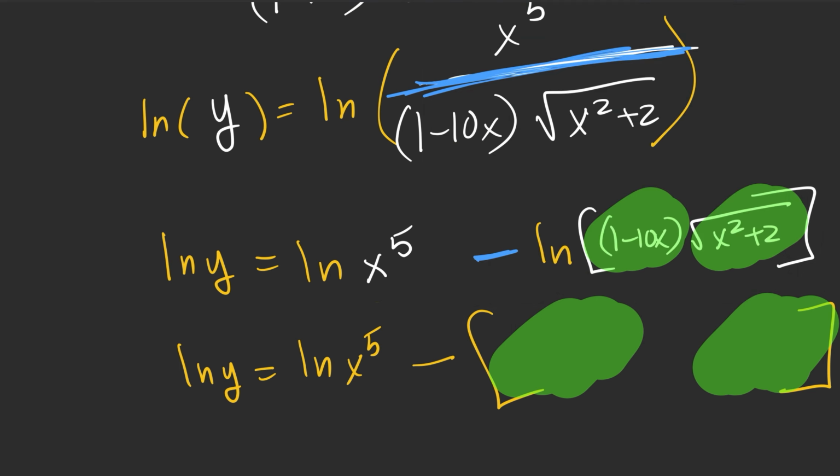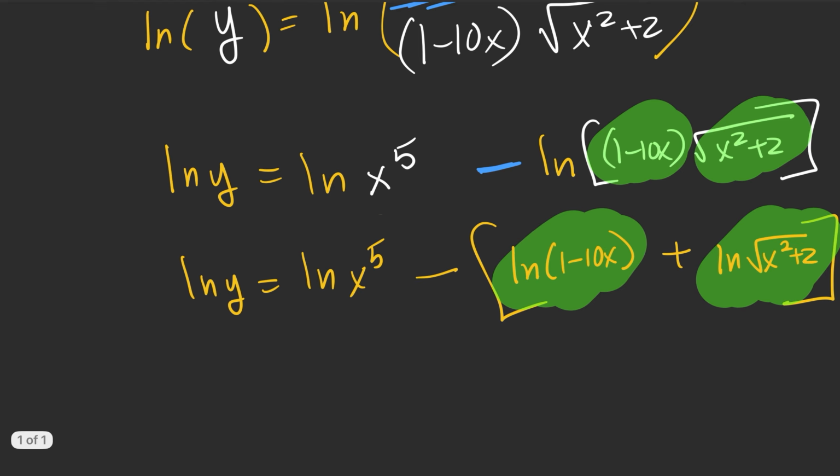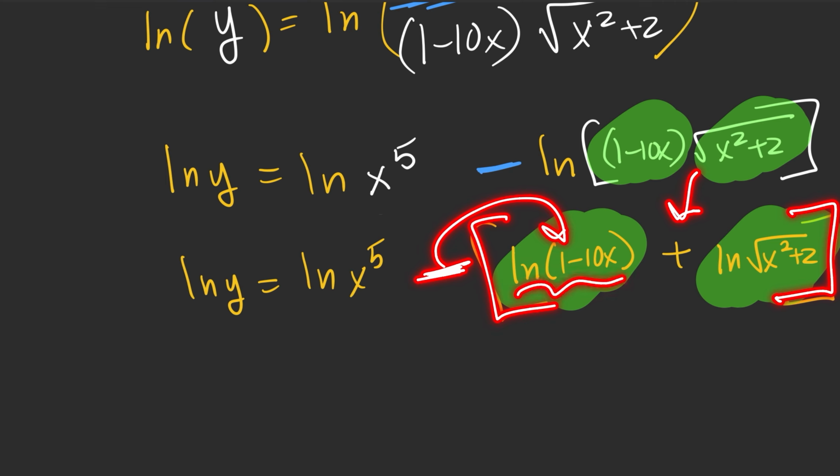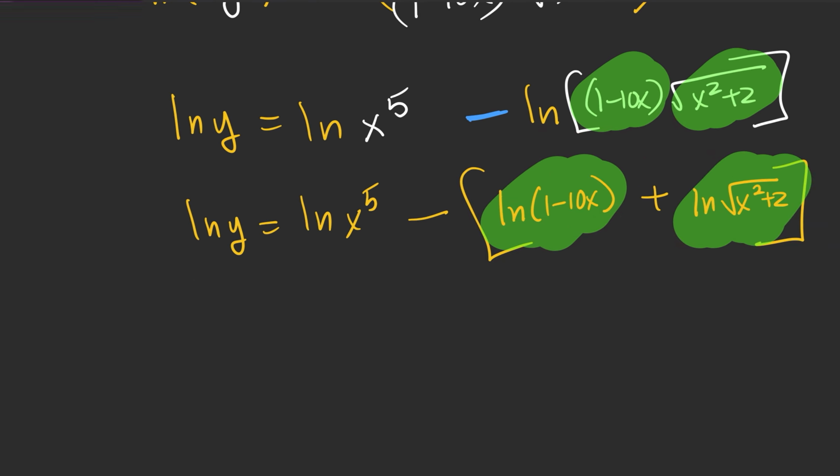So this is going to end up being the natural log of 1 minus 10x plus the natural log of the square root of x squared plus 2, right? Since I'm subtracting a big piece, I'm subtracting all of this, so when I break it up, I have to have these parentheses so that I subtract this small piece and subtract this small piece. Okay?